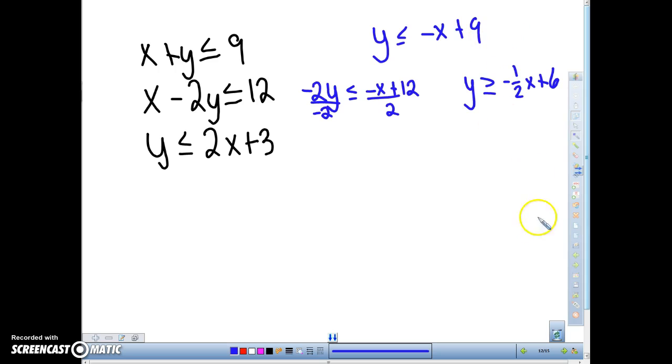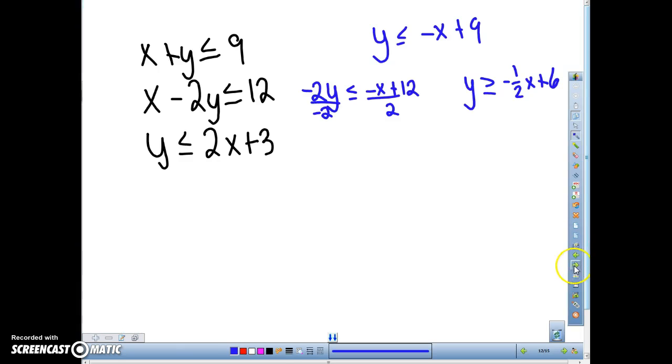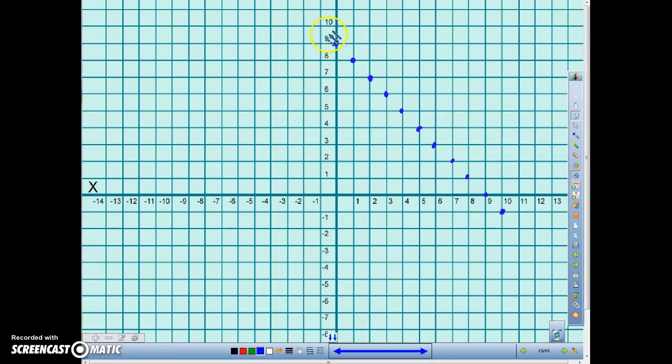So the first one, it crosses at 9. Let's erase this. It crosses at +9 and goes down 1/1. So solid line on that one.